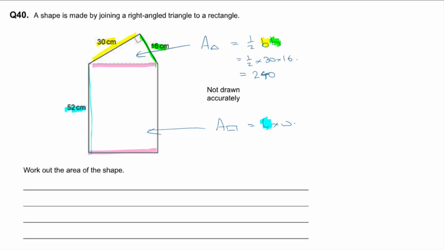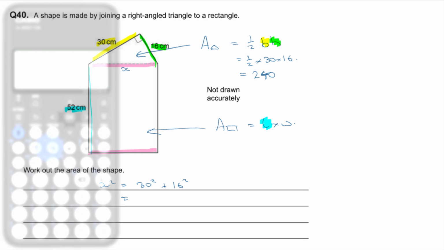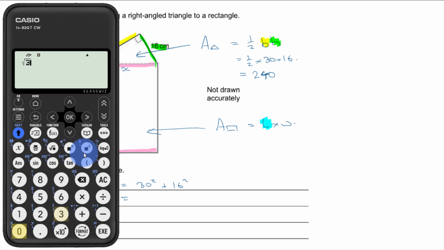So if we use Pythagoras Theorem, we can find that length first, can't we? So if we call this x, then x squared is going to be 30 squared plus 16 squared, because x is the long side. So then typing into my calculator, square root 30 squared plus 16 squared, that comes out to be 34. So x is 34.